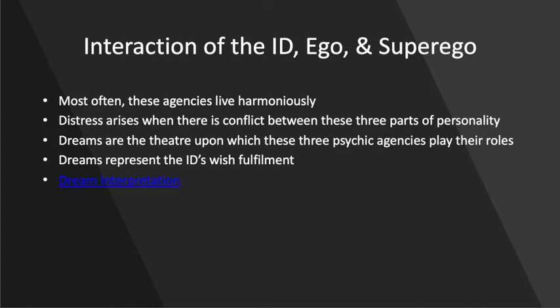And when these conflicts bubble up, sometimes they surface in conscious awareness in the form of a psychological disorder or a certain symptom of a psychological disorder. When there is conflict between the three parts of personality, the person often experiences a lot of distress. So basically, it's the job of the patient, with the help of the psychoanalyst, to get at the bottom of this unconscious conflict, if you will, and to understand that these conflicts are arising from somewhere.